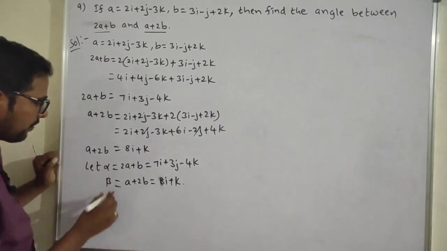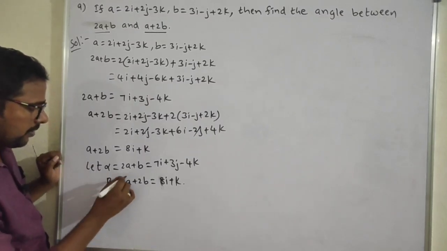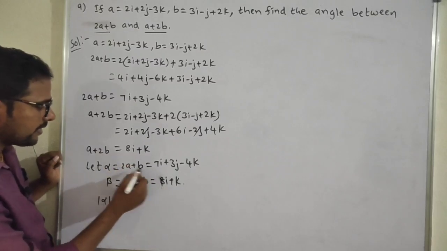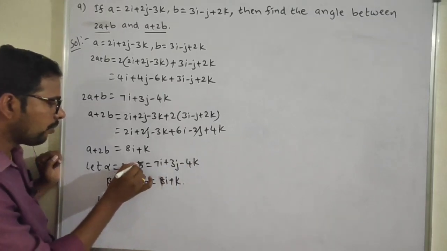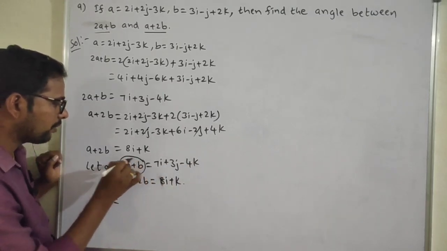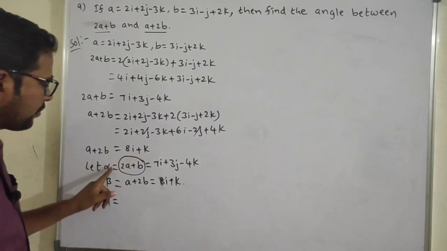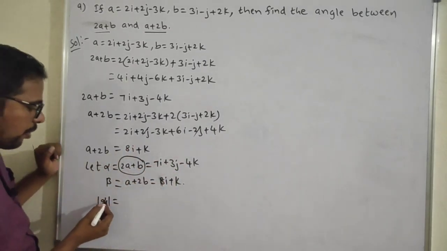So modulus alpha is equal to modulus of 2a plus b. What is the alpha value? 7i plus 3j minus 4k. We take this total as one vector, alpha. What is the modulus?